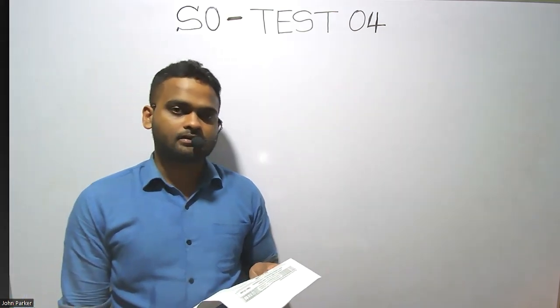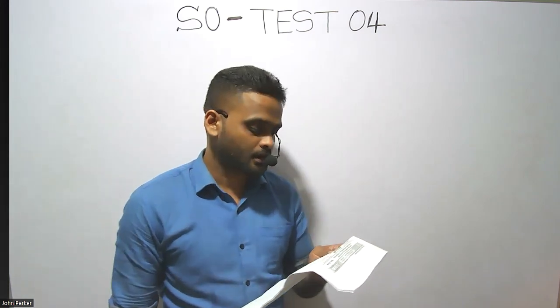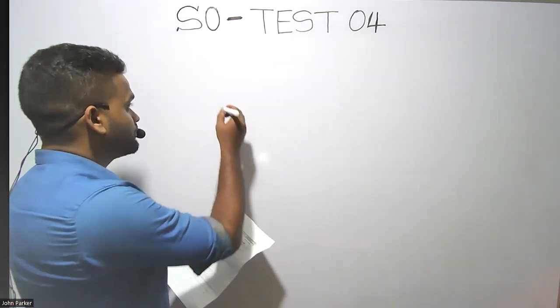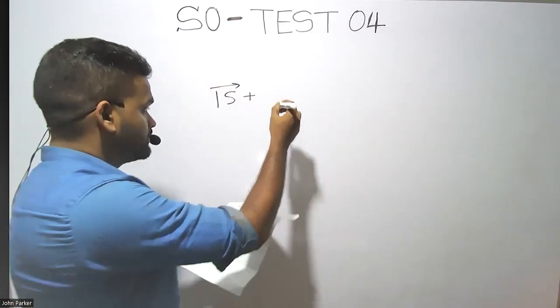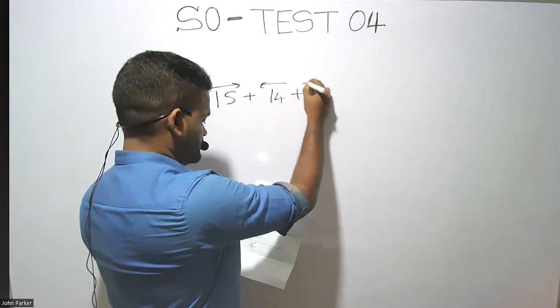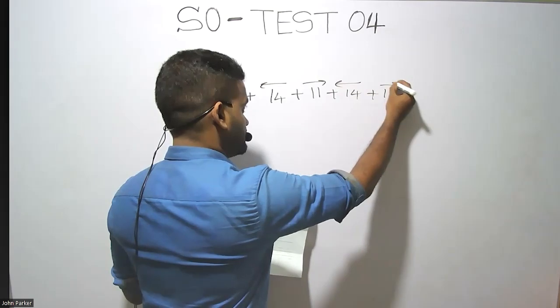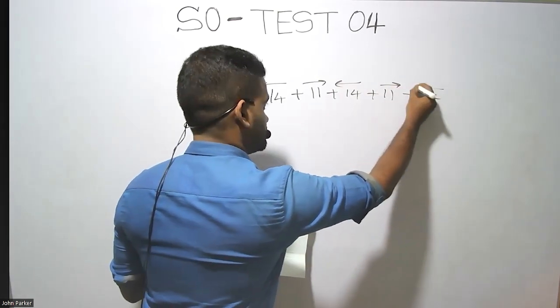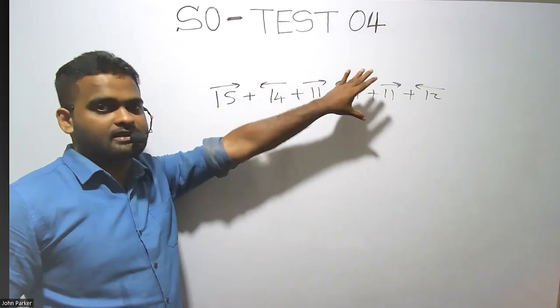Okay, second one, the sum of the vectors below. They have given a set of vectors: 15, 14, 11, 14, 11, 12. All these vectors are parallel vectors, right?